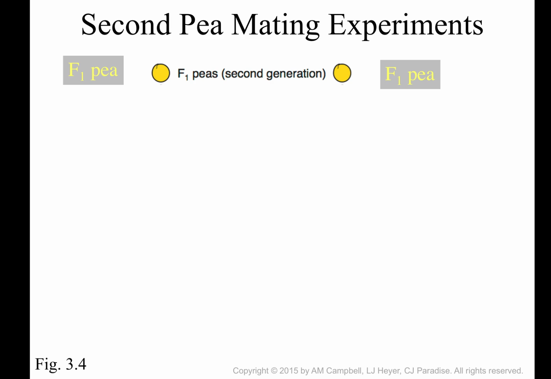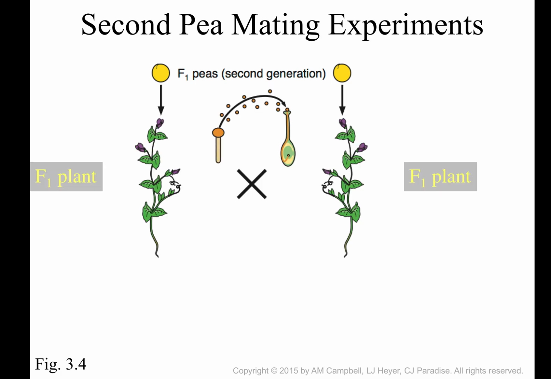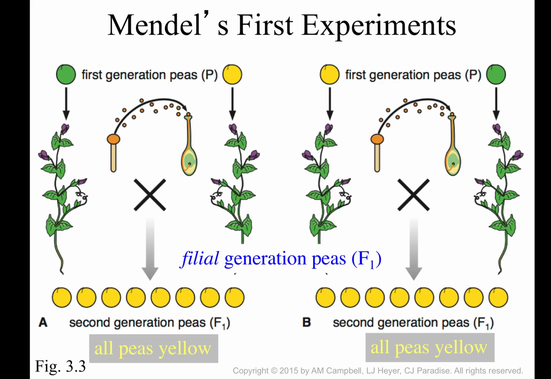Then he did a second set of experiments where he took those offspring of the parental generation. So he took the F1 peas, grew those up into adults, and then took their pollen and crossed it with each other. So these are brothers and sisters from this generation, crossed with each other.